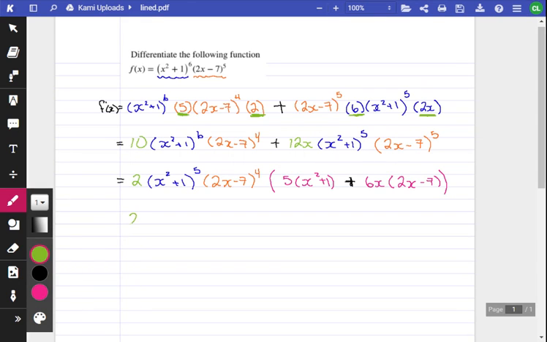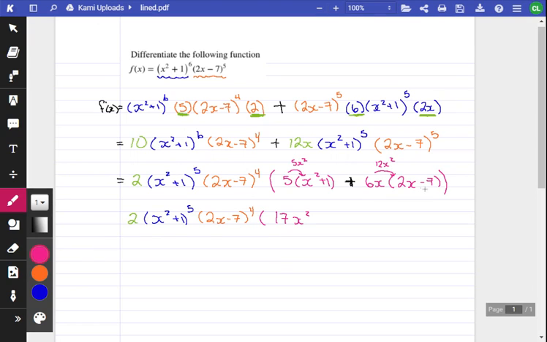So our final answer is (x squared plus 1) to the 5, (2x minus 7) to the 4, and this bracket can be simplified. Here I have a 5x squared, here I have a 12x squared, so I have 17x squared.